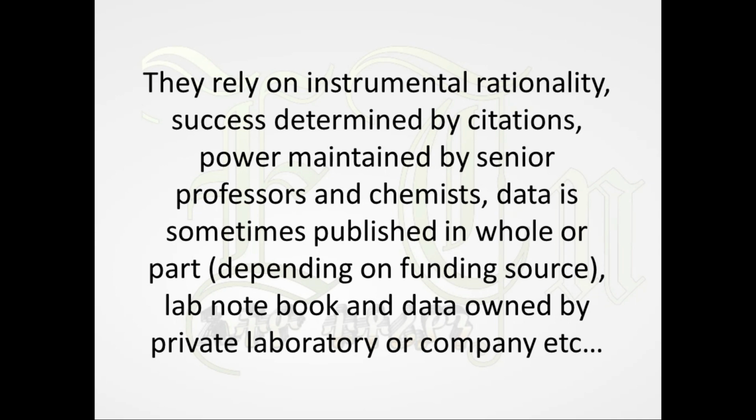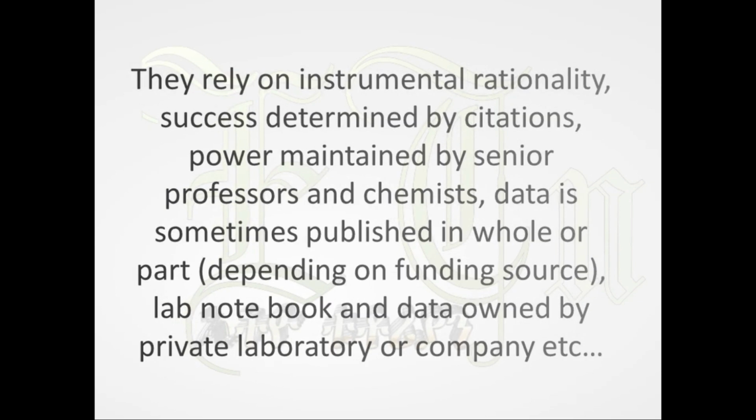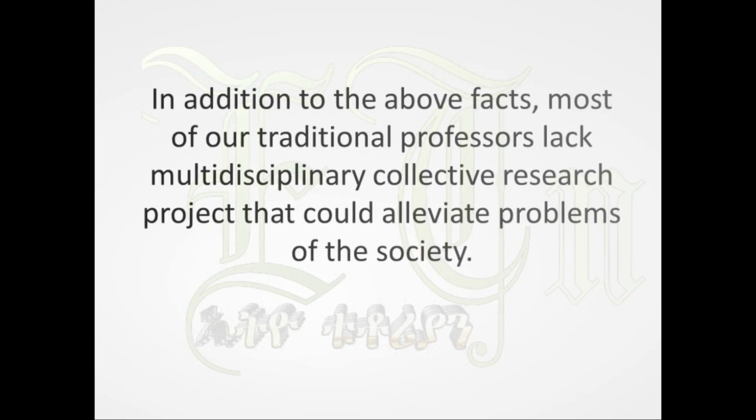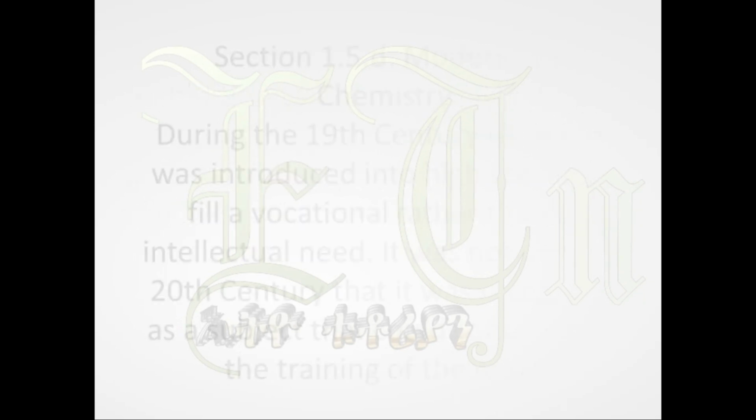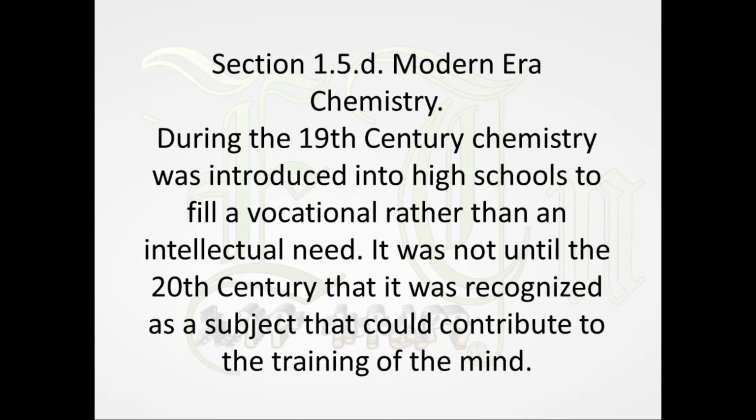Data is sometimes published in whole or part depending on funding source. Lab notebook and data owned by private laboratory or company, etc. In addition to the above facts, most of our traditional professors lack multidisciplinary collective research projects that could alleviate problems of the society.